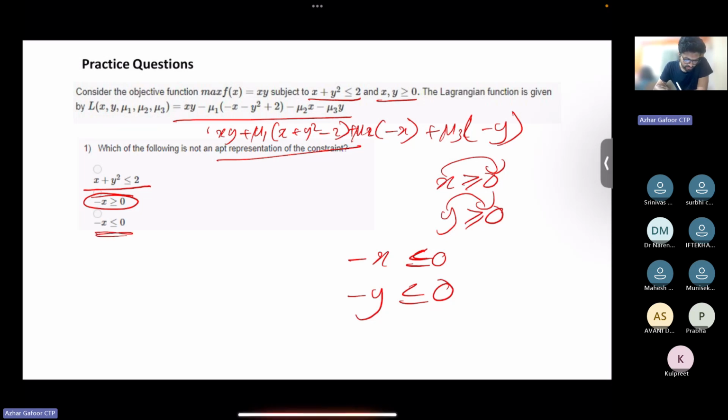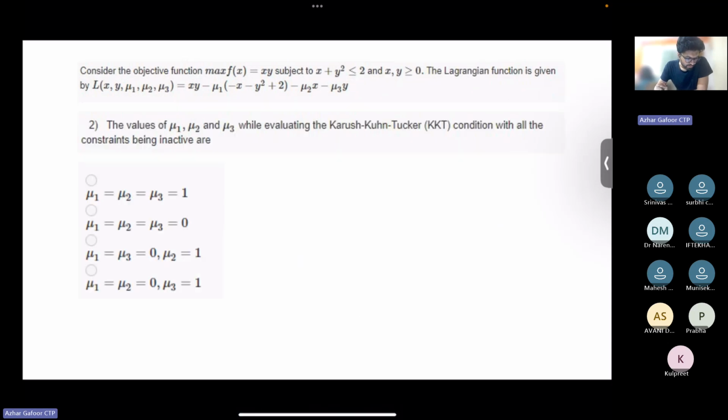So this is also a part of the concept. Now again, the same question. Let's see how we can solve this when all the constraints are active.